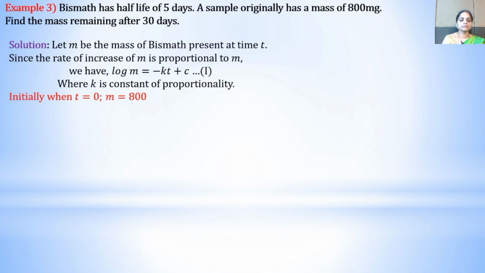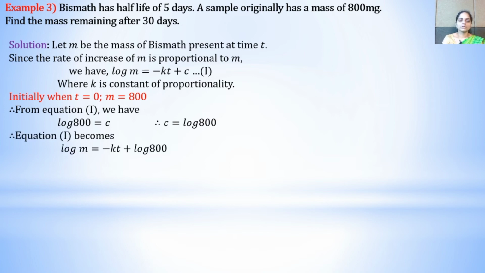Now we put the values of t and m in equation 1. So equation 1 becomes log of 800 is equal to c. Therefore, c is equal to log of 800. Now we put the value of c in equation 1. So equation 1 becomes log m is equal to minus kt plus log of 800.